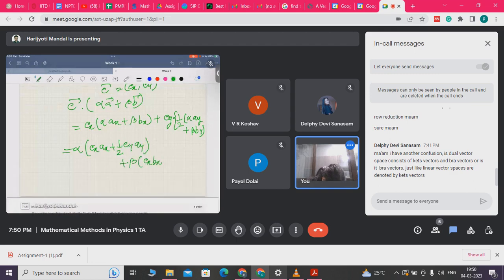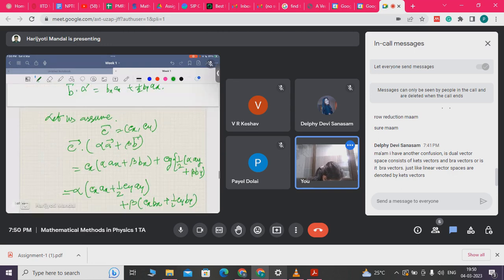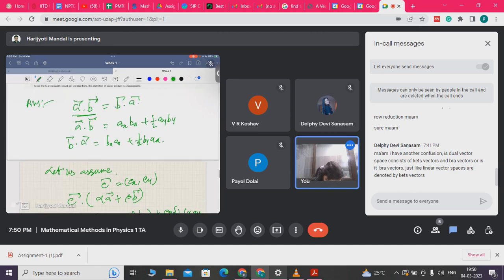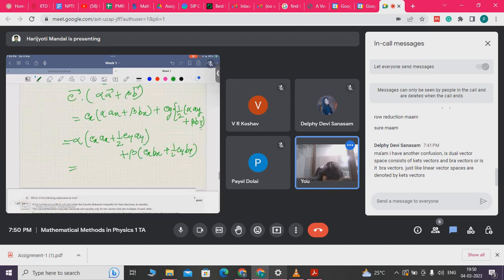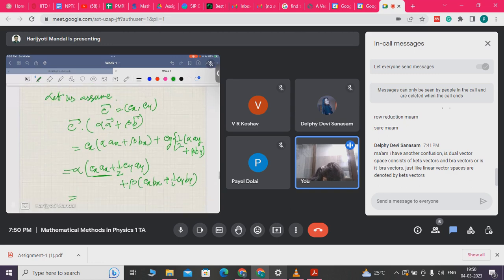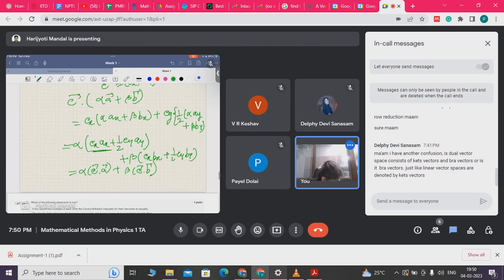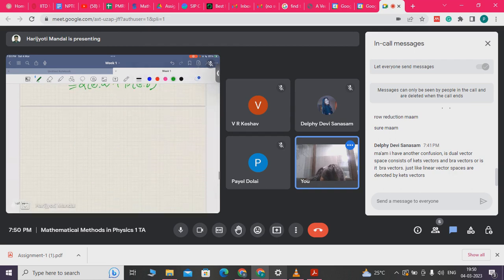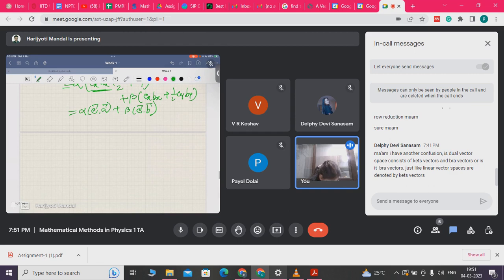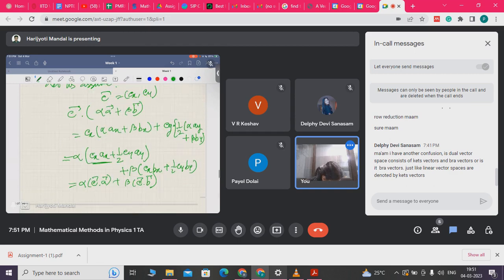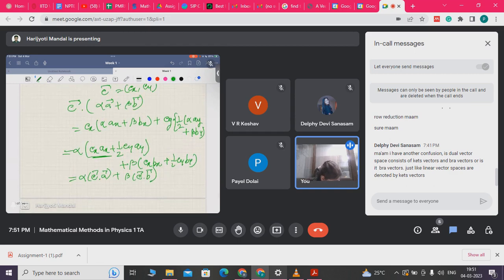What will it become? Alpha times Cx Ax plus half of Cy Ay, plus beta times Cx Bx plus half of Cy By. If A dot B is like this, Ax Bx, so it will be alpha times C dot A plus beta times C dot B.